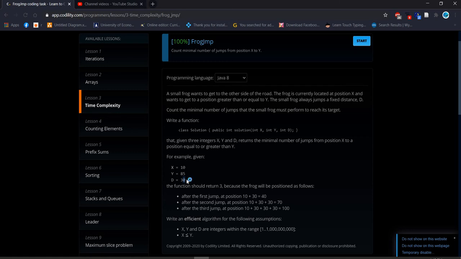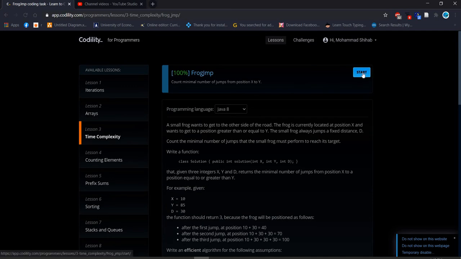At position 10, the first jump takes it to 40, the third jump is 70, and the fourth jump is 100. That means the frog needs four jumps to reach the destination.